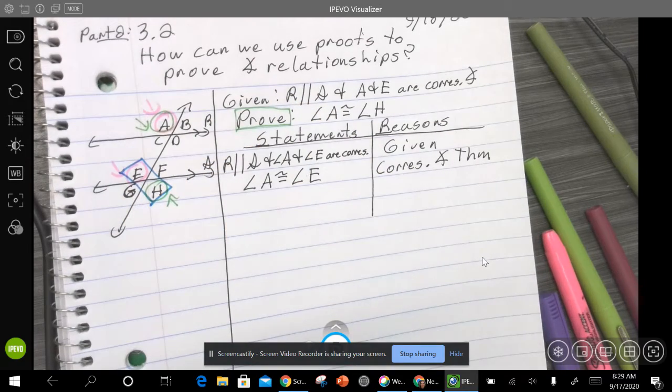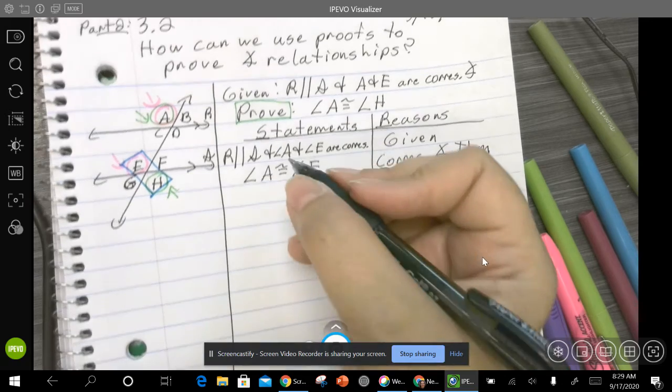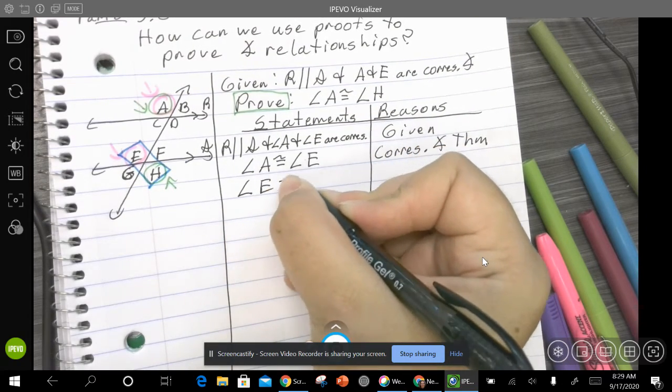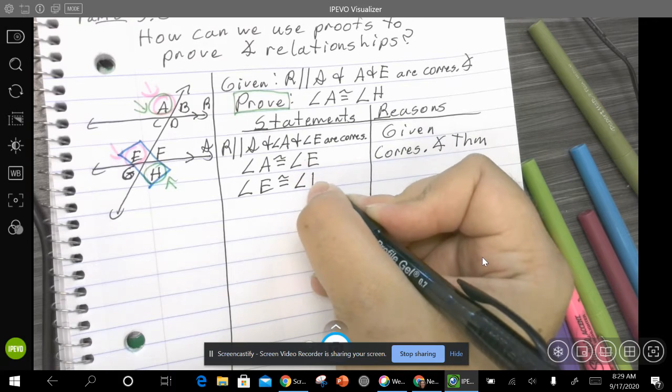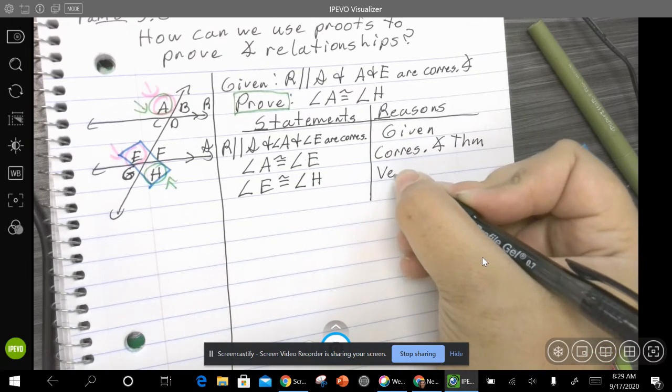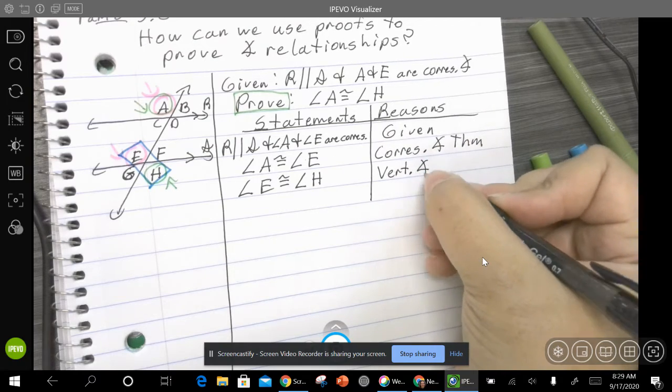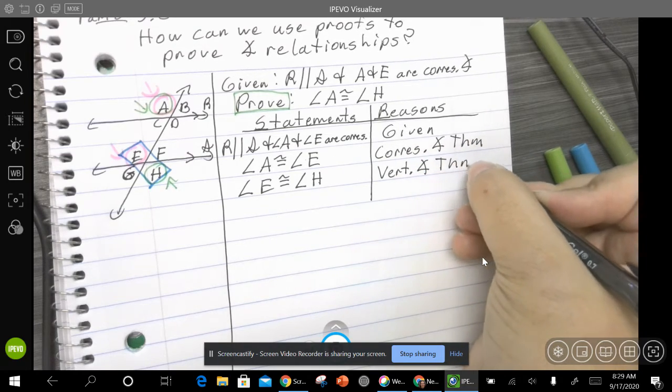Because they are vertical angles. Okay, and so that's by our vertical angles congruence theorem.